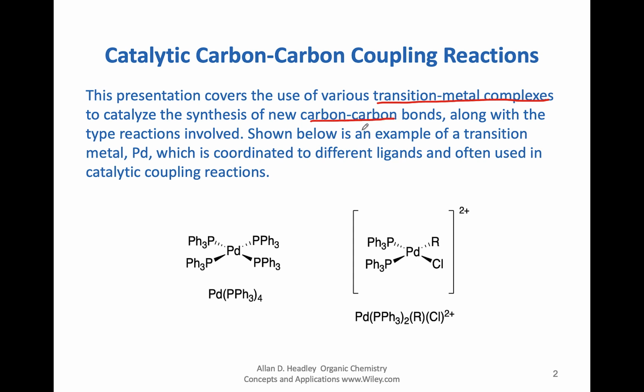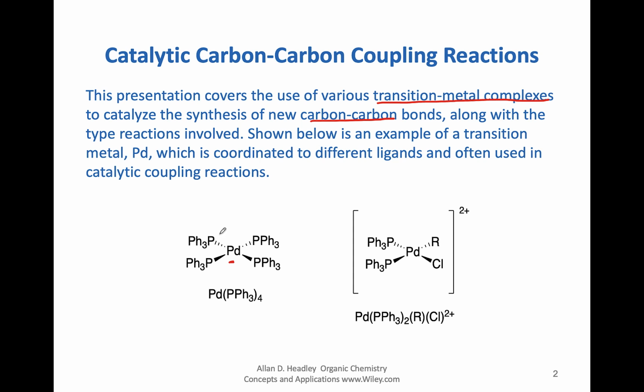You may recall from your Gen Chem course that the transition metals are those in the middle of the periodic table. So we'll concentrate on those for this type of synthesis. Shown below, however, is one example. And this is the example of palladium, and it's bonded to ligands.